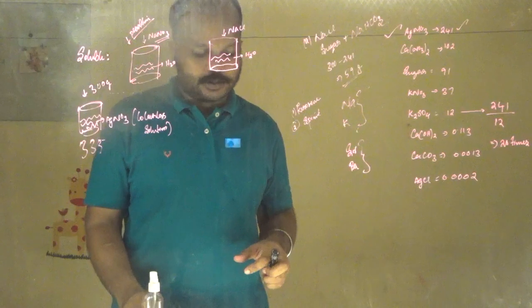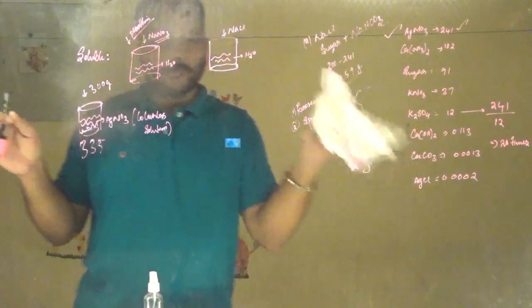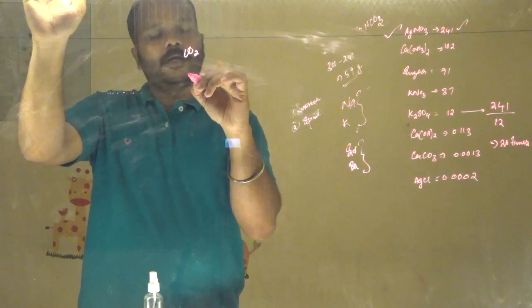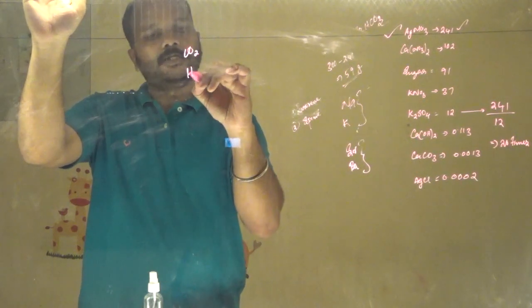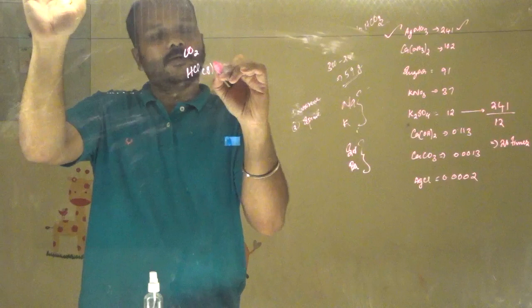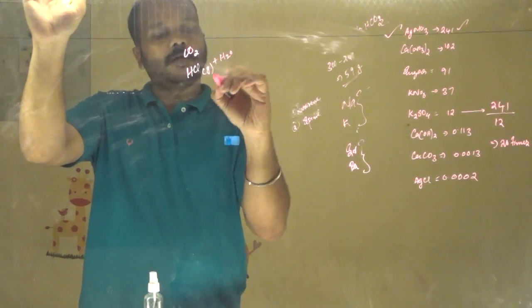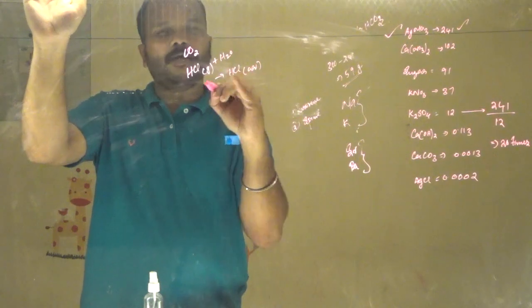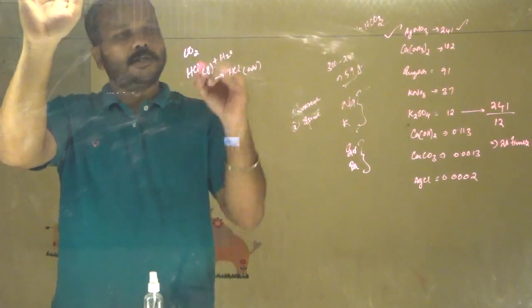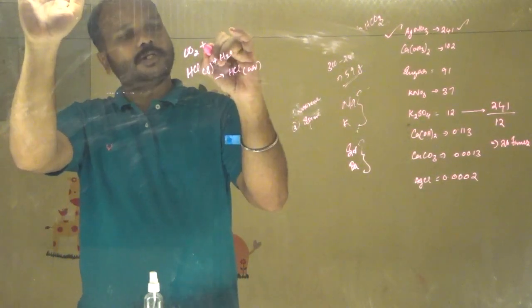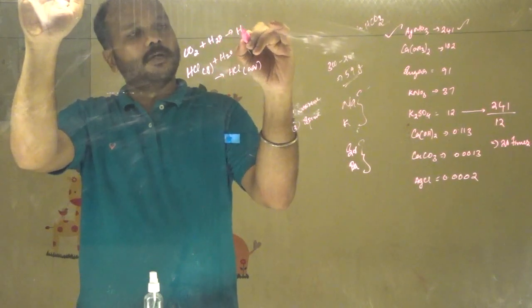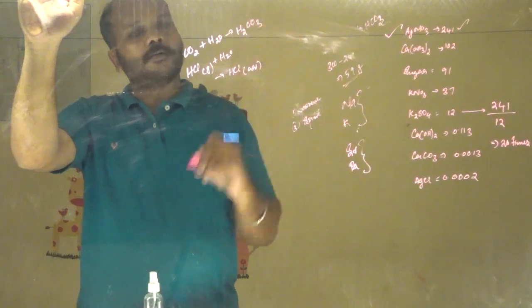For example, it dissolves carbon dioxide and HCl. HCl actually is a gas. Once you dissolve it into water, it becomes HCl aqueous, which we commonly call hydrochloric acid. Carbon dioxide also dissolves in water, and it forms carbonic acid.